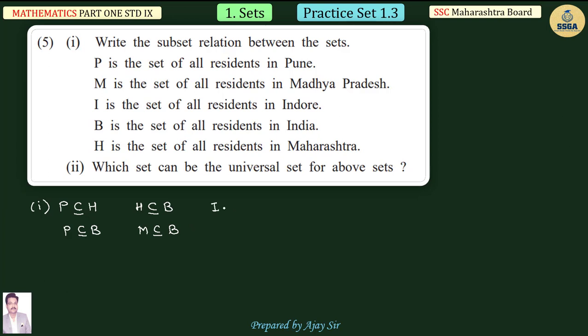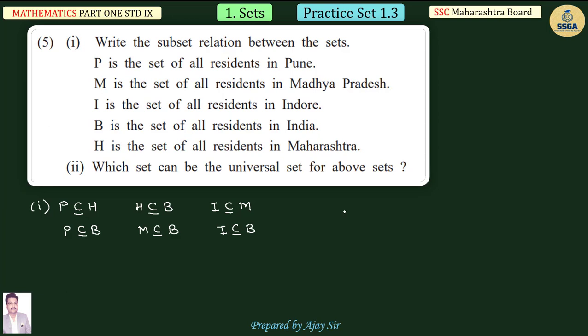Now Indore is one of the cities of Madhya Pradesh, and Indore is one of the cities of India. So these subset relations are possible in the sets. Now the second question: which set can be the universal set for all the above sets? India is the universal set.